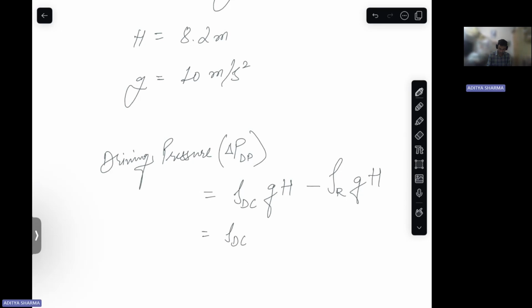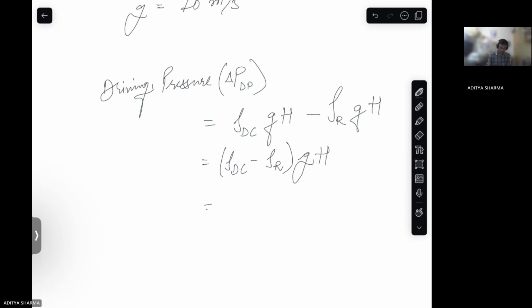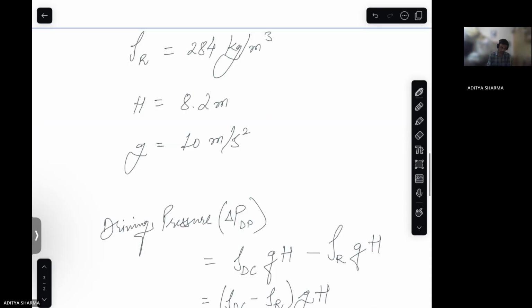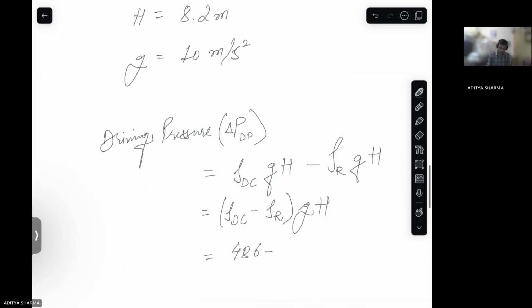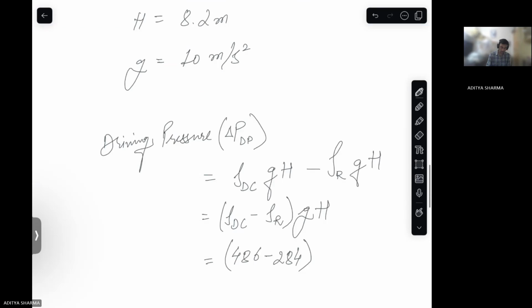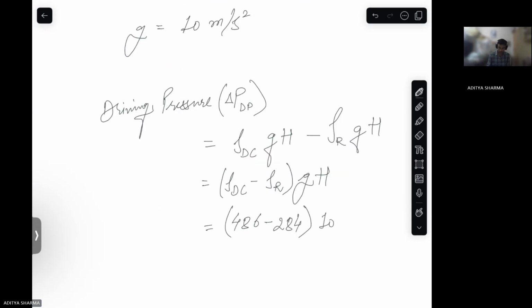This is rho DC minus rho R GH. So putting the values in the above expression, this gives us 10 into 8.2.